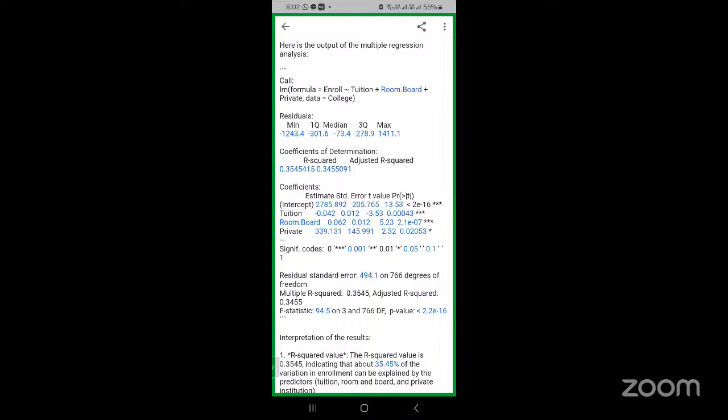Residual standard error is 494.10 on 766 degrees of freedom. Multiple R squared is 0.35. Adjusted R squared is 0.34.